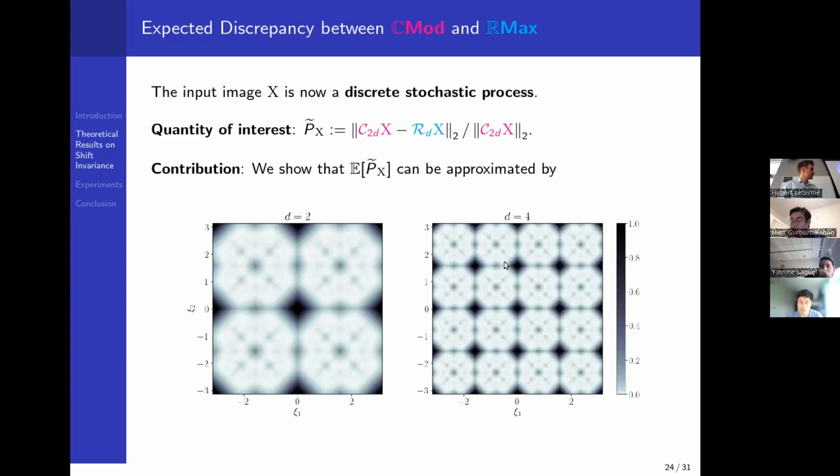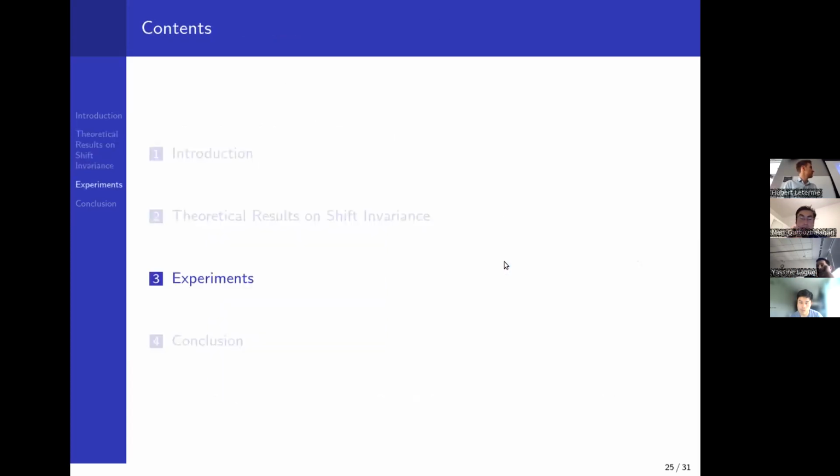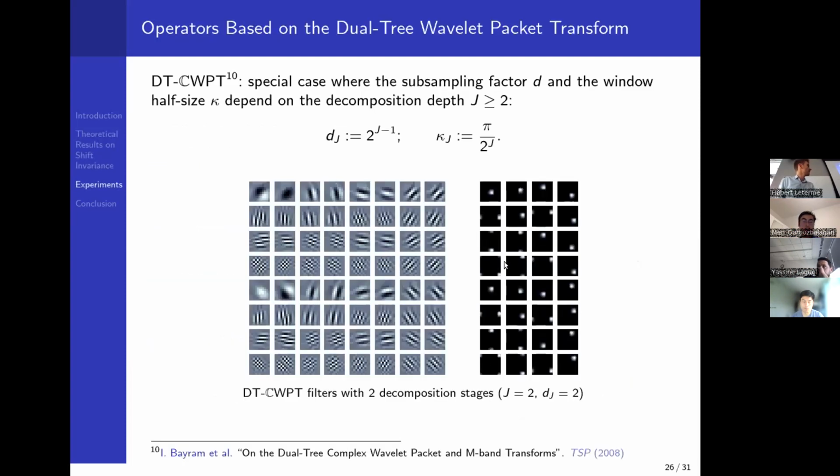So this is the theoretical part, and we also experimentally assessed this study by considering the dual tree wavelet packet transform. So we implemented CMOD and Rmax operators based on this transform.